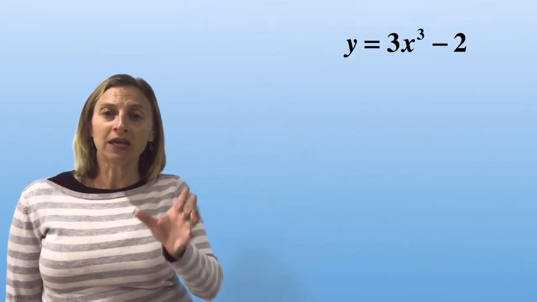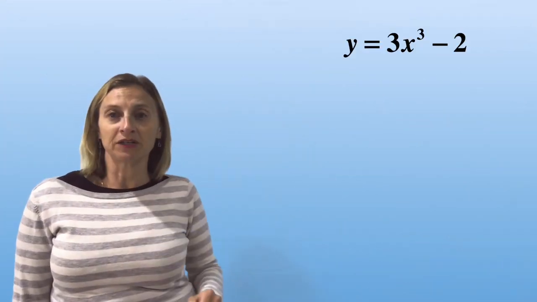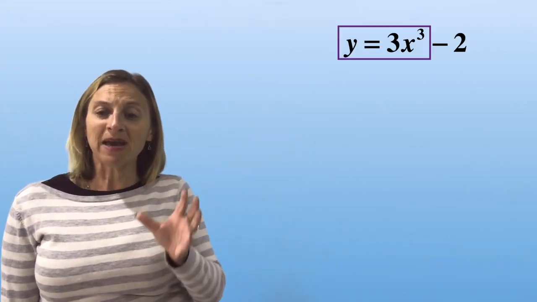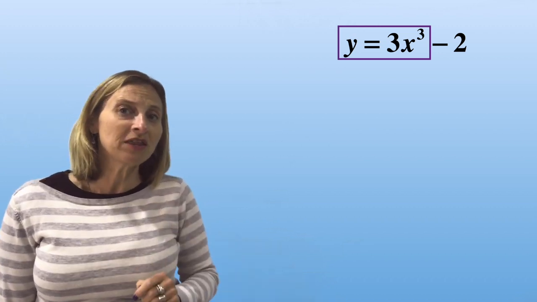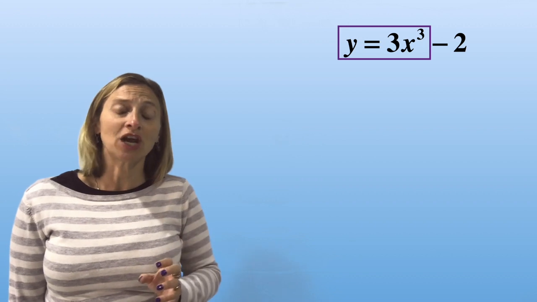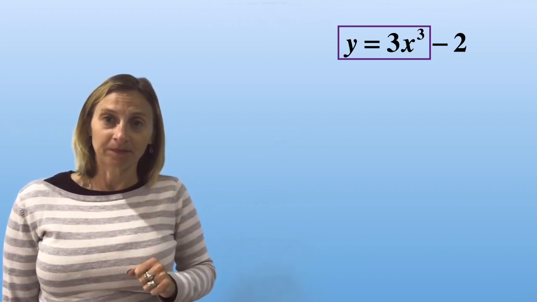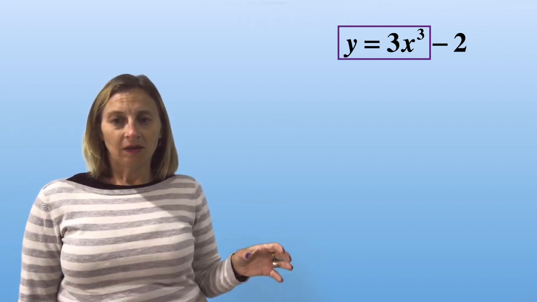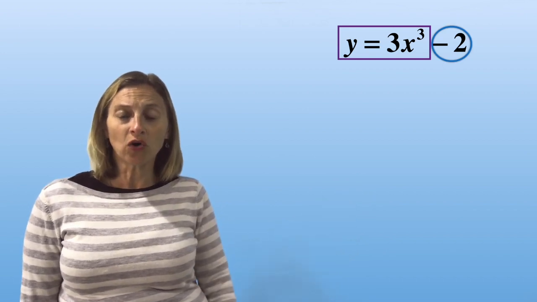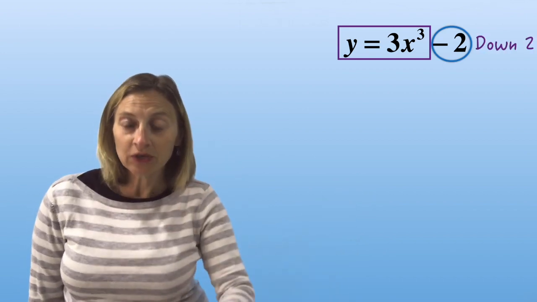What if we have something attached to the x like this one? Y equals 3x cubed minus 2. Again, our basic curve is y equals 3x cubed. Because what does the 3 in the front tell us? It's just like a straight line. The number in the front just makes everything steeper. Makes it go up much faster. And then we have our minus 2, which tells us that the whole graph needs to go down 2.